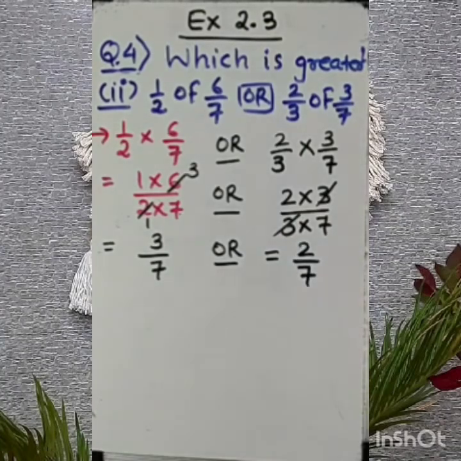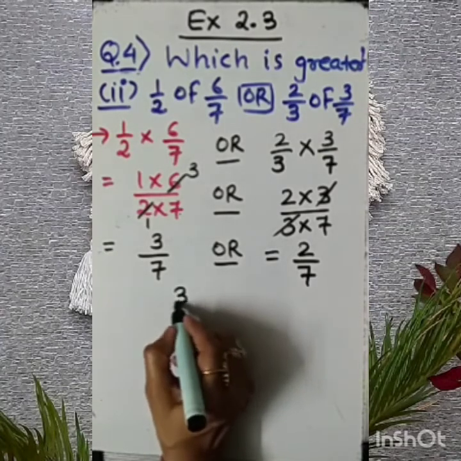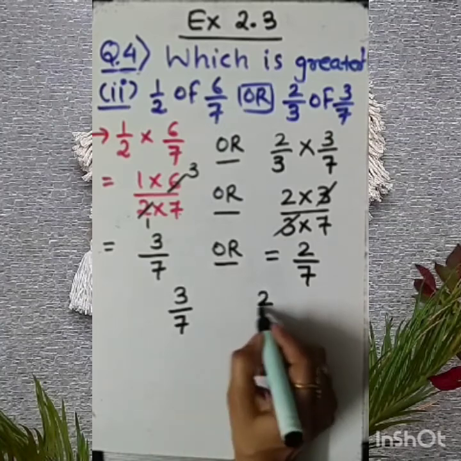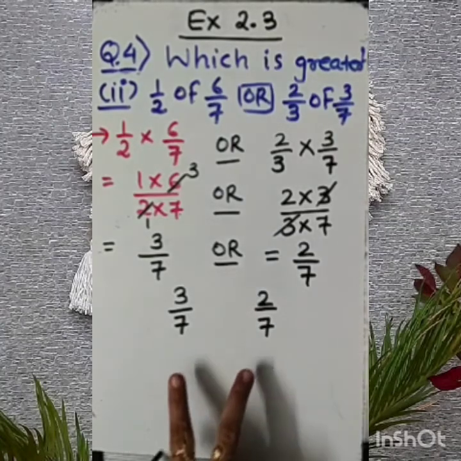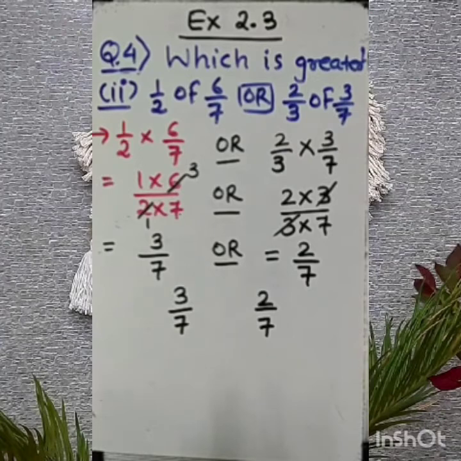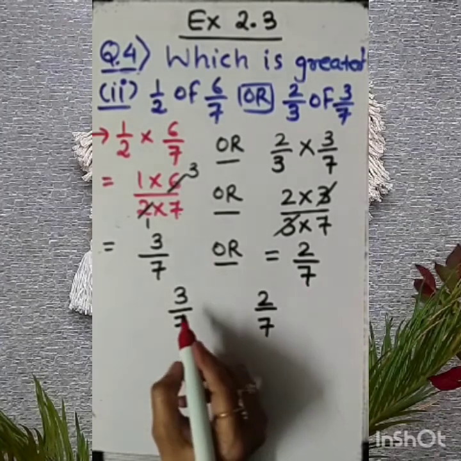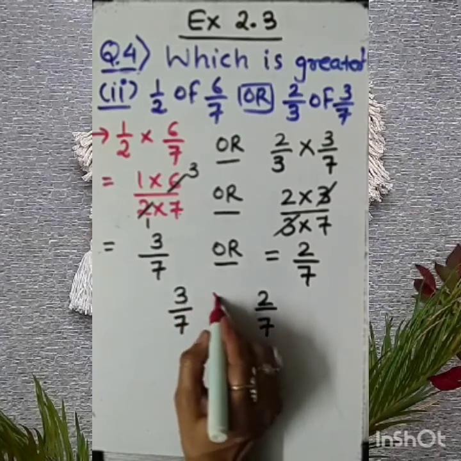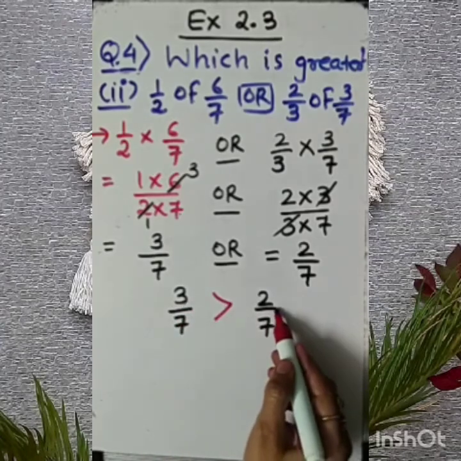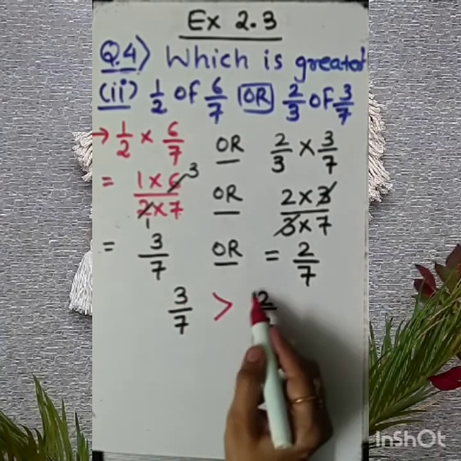Now here no need of cross multiplication. Reason behind that, you know very well dear student, 3 by 7 and this side 2 by 7, they are already like fractions. So we can say this number is greater than this number because 3 is bigger than 2.